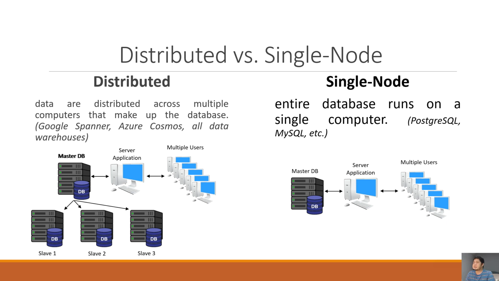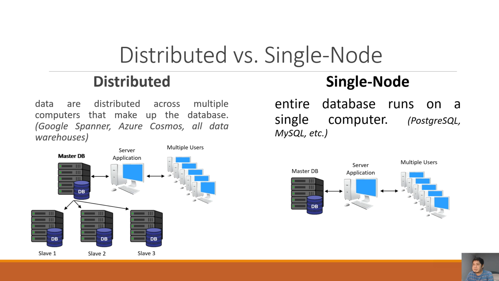But to get oriented in this course, let me talk a little bit about distributed databases and single node databases and see the differences of the two. Now, when we say distributed database, data are distributed across multiple computers.